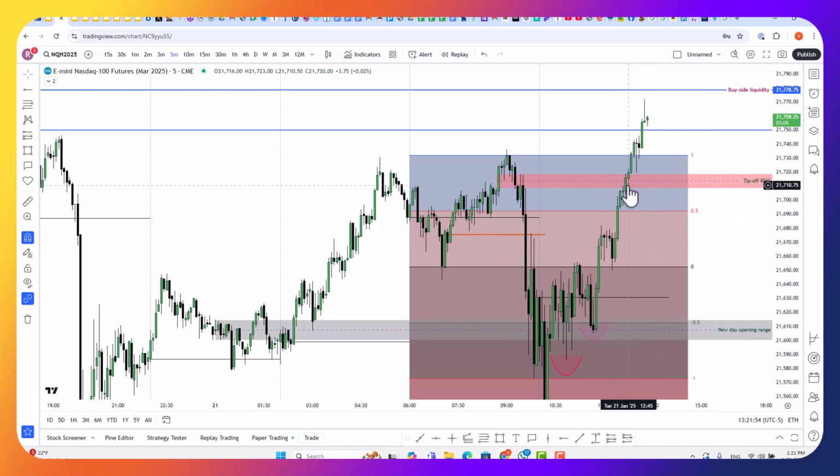Buy here, sell there, or take something off inside of this inversion fair value gap and collapse the whole position here, or, depending on the number of contracts that I have, take another contract off here and exit everything, or hold the last one for this level. As you can see, we came so close to this and then played around. So let's see.